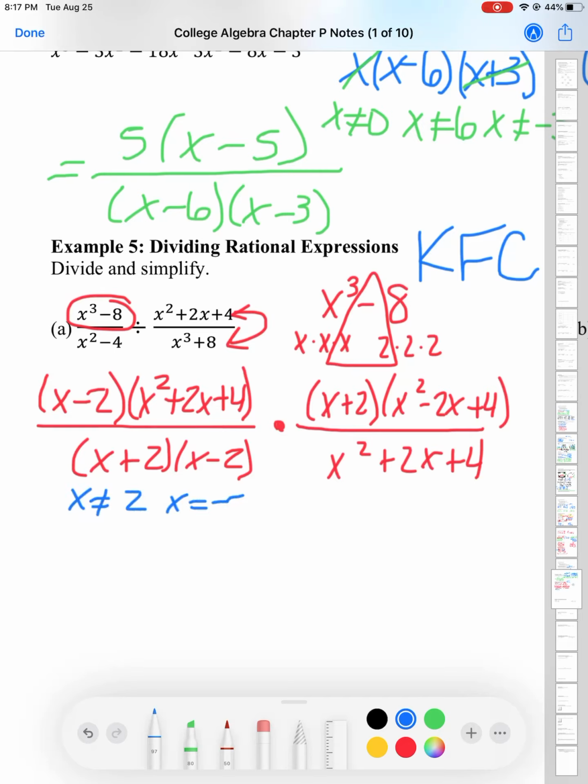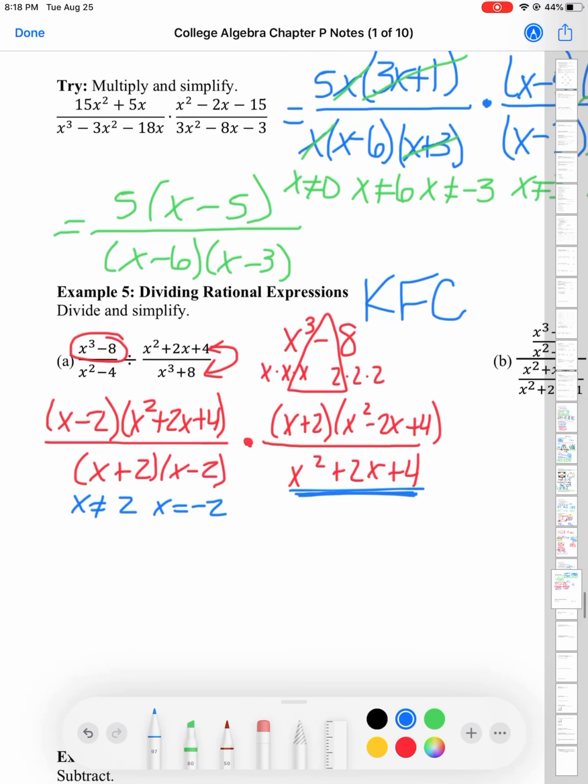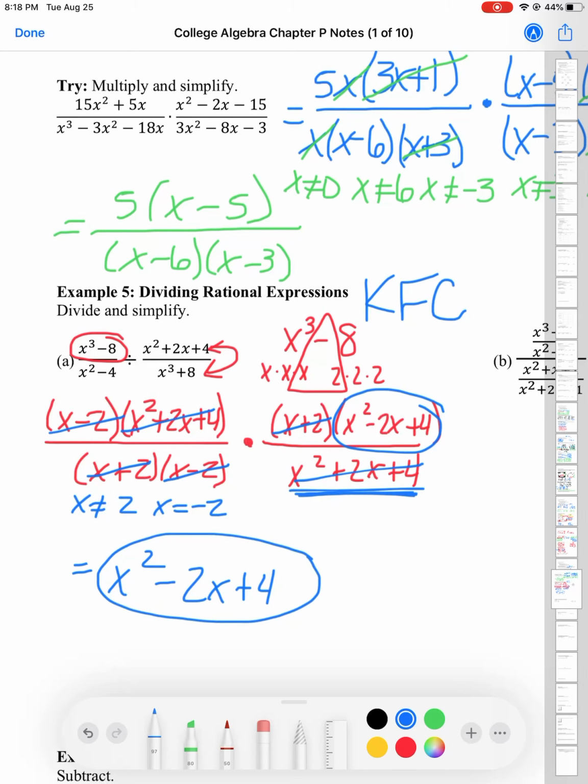So we know that x cannot be 2 and x cannot be negative 2. This will yield us no 0 on the bottom. So now we can go ahead and reduce. And I get x minus 2. Oops, never mind, I don't get that. All I am left with is x squared minus 2x plus 4.